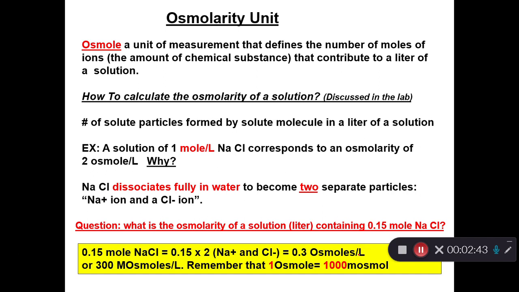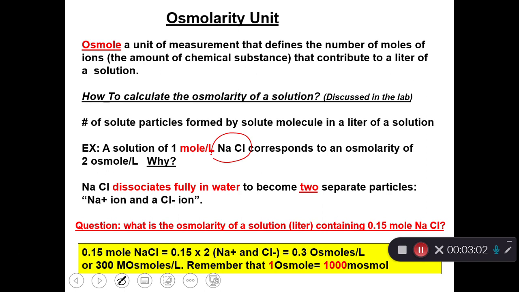So how to calculate the osmolarity? For example, if we have a compound like sodium chloride, it dissociates in water into sodium and chloride. So here you have to multiply by 2.